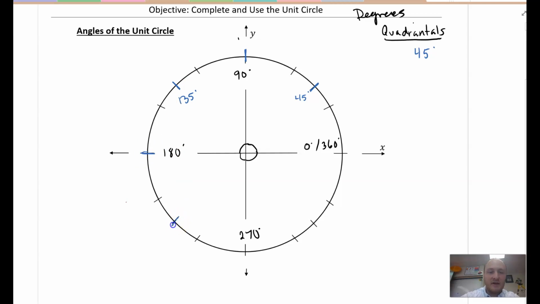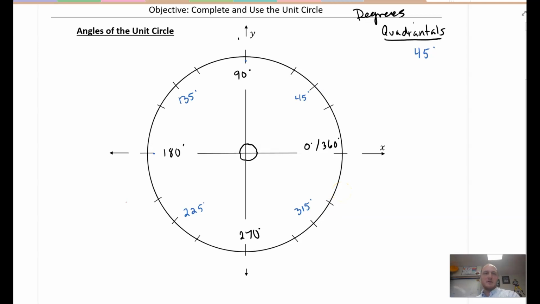Add another 45, we get 225 degrees. Add another 45, and we get 270. Add another 45, and we get 315 degrees. Add another 45, you get 360. Whew. All we're going to do, really, in this video is just add a whole bunch. Just so you know, forewarning. So there are the 45 degree angles.